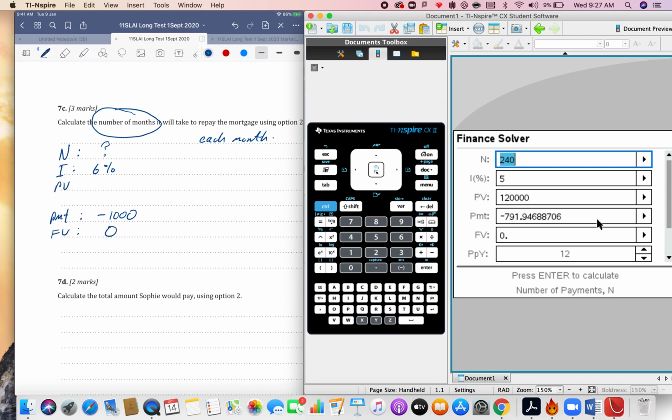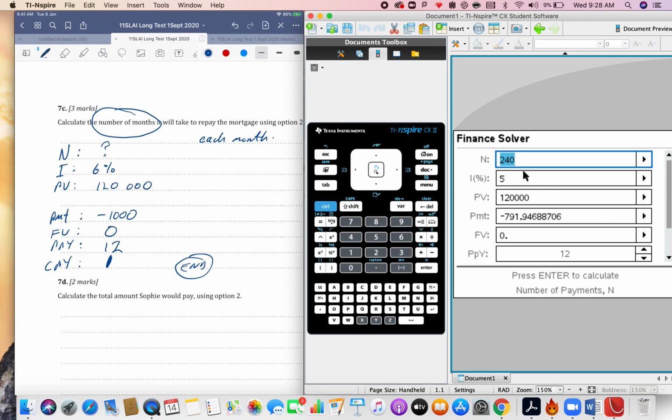Present value is still 120,000. PPY and CPY, and it defaults to end. The payments per year are 12 because he's paying each month. Did you notice that it's 6% compounded annually, so compounding periods per year is 1 here. Have we got everything filled in?